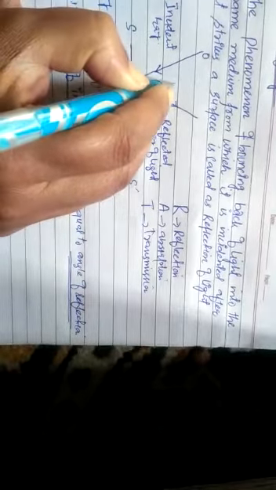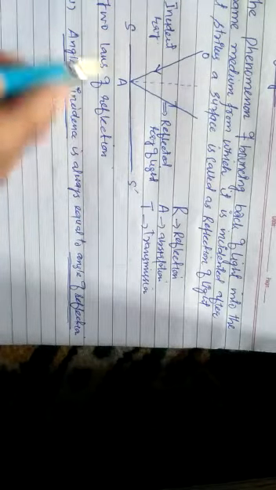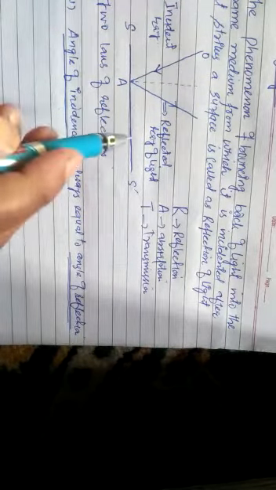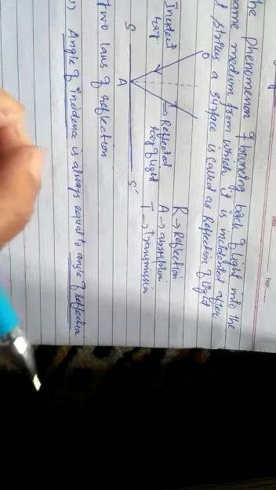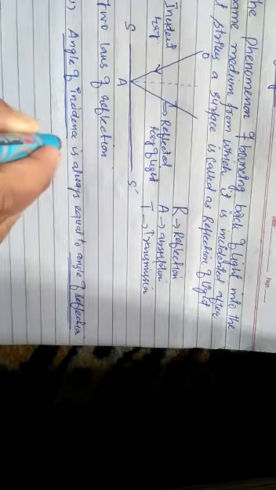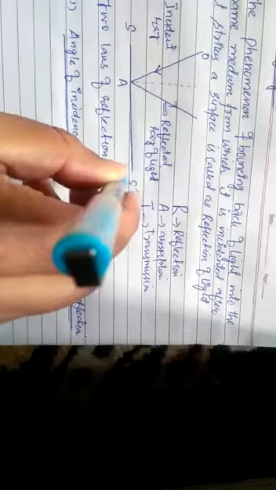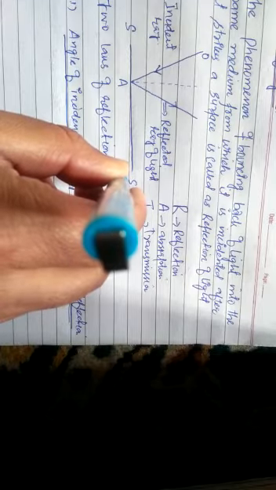This is the normal. What is the difference between normal and perpendicular? There is not so much difference. Perpendicular is dropped on a single point, but normal is perpendicular to the whole surface. If I put this pen perpendicular to this page of the notebook, it is a normal.